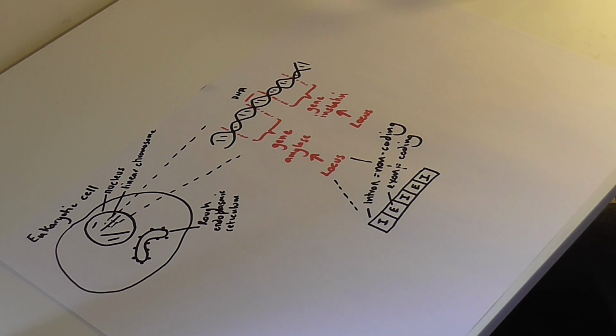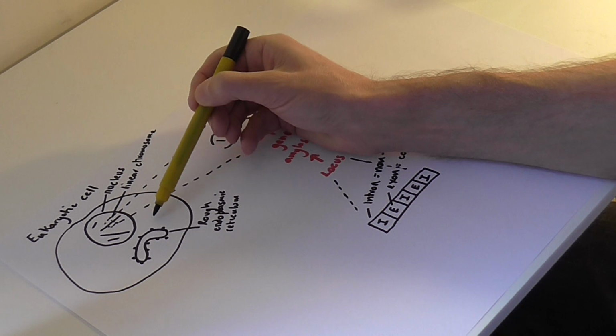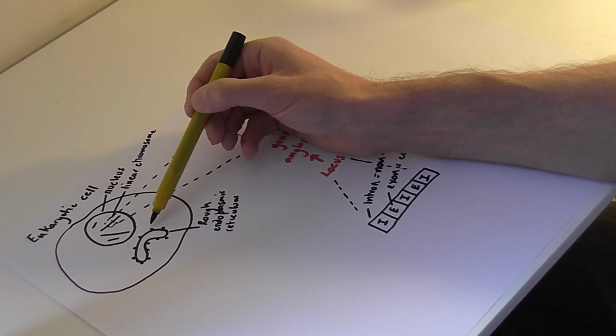So the genetic code physically must be present there. DNA cannot leave the nucleus. It's physically too large to exit through the nuclear pores and be present at the ribosome.